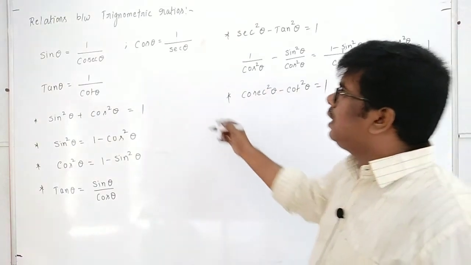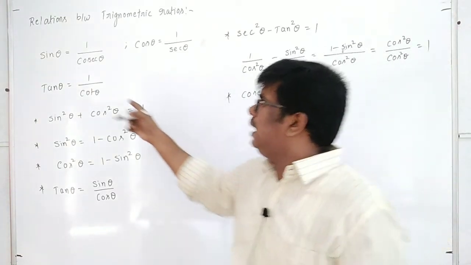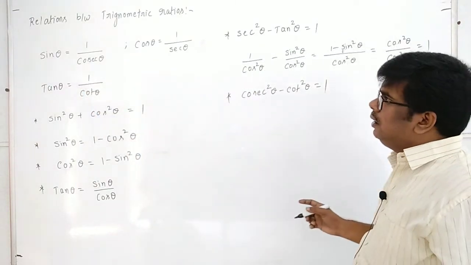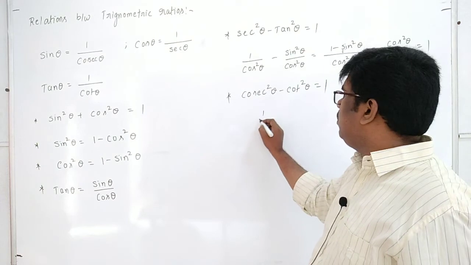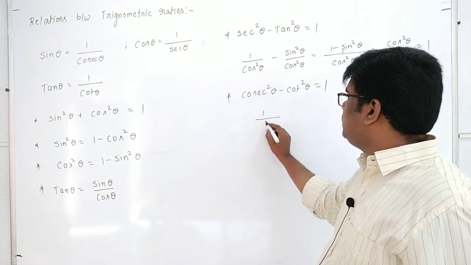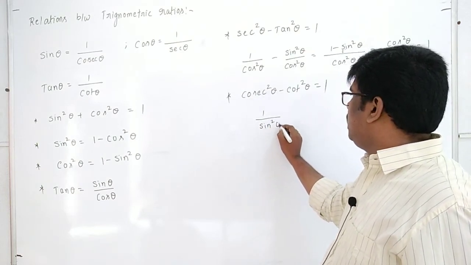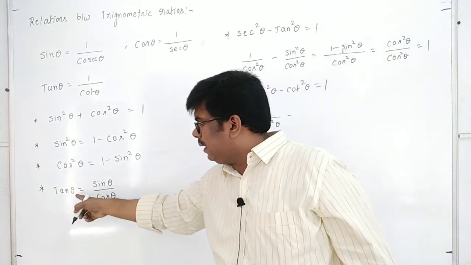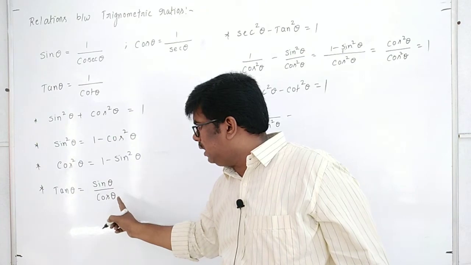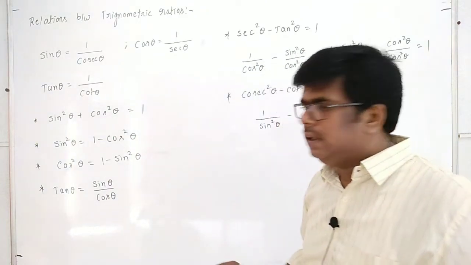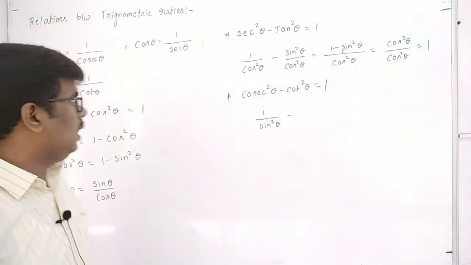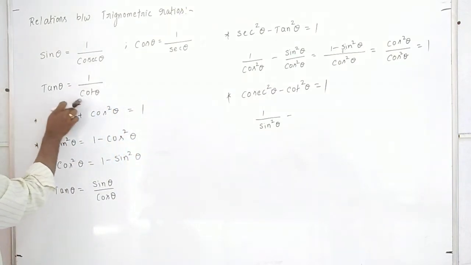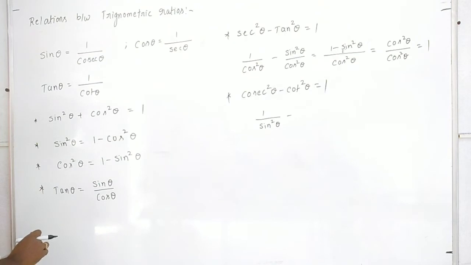Cosecant theta, what can you write here? Sin theta equals 1 by cosecant theta, and cosecant theta you can write as 1 by sin theta. So 1 by sin square theta minus cot square theta. Tan theta means sin theta by cos theta, and we discussed that cot theta and tan theta are reciprocal to each other.